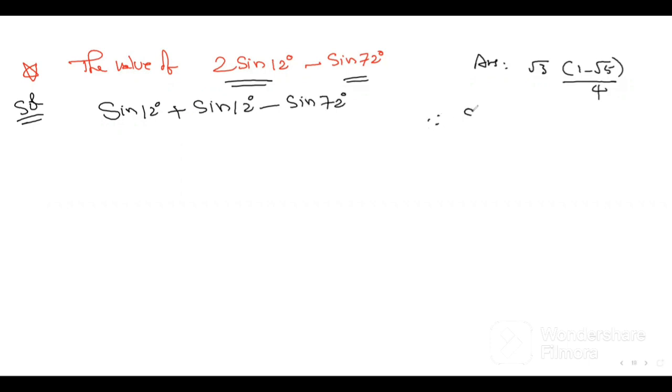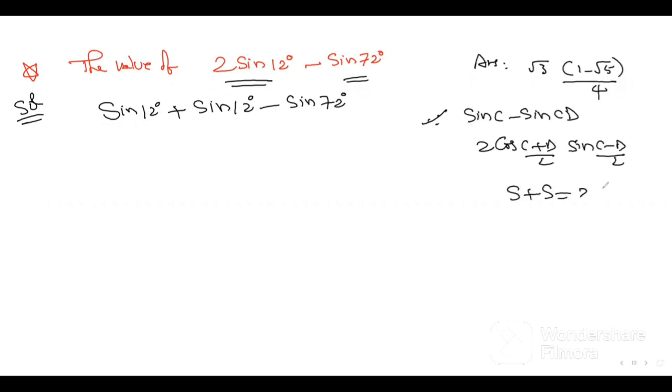We have one formula: sin C minus sin D is equal to 2 cos((C plus D)/2) sin((C minus D)/2). By using the transformation formulas, there are four formulas: S plus S is equal to SC, S minus S is equal to CS, C plus C is equal to CC, C minus C is equal to minus 2SS.